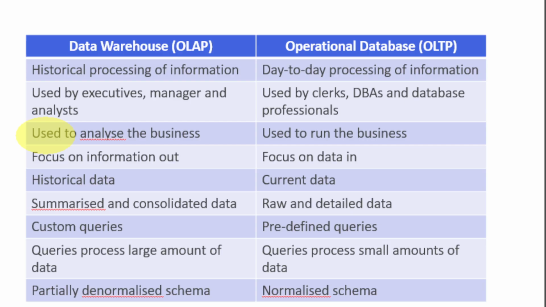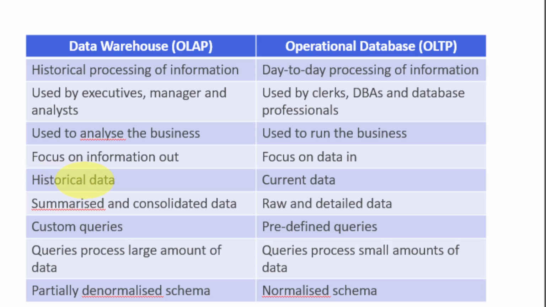In data warehouse, we analyze the business, whereas in operational database, we run the business. Data warehouse focuses on information out, whereas operational database focuses on data in.